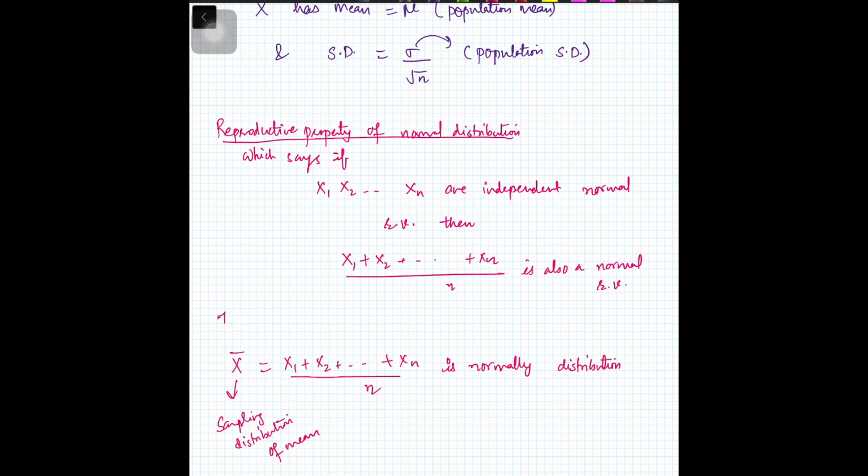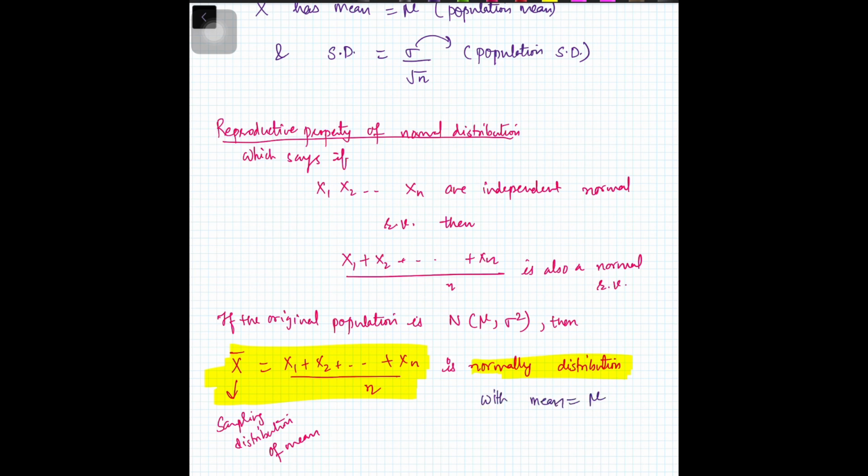Let me write it like this: if the original population is normally distributed with mean equal to mu and variance equal to sigma square, then this particular fellow here, which is nothing but the sampling distribution of mean, is also normally distributed with mean equal to the same mean mu but the standard deviation would be changed, it would be sigma by square root of n. The original standard deviation is sigma. Okay, so this is the result.